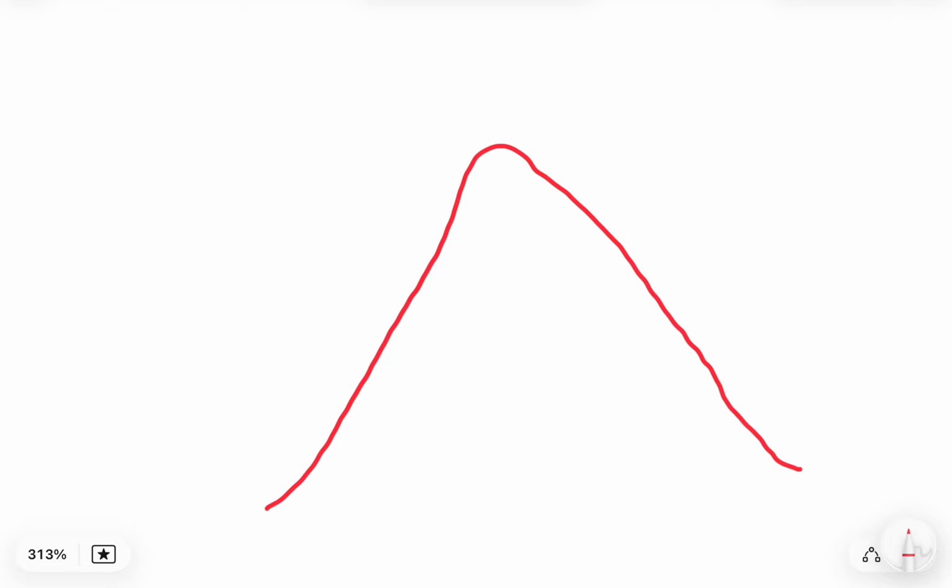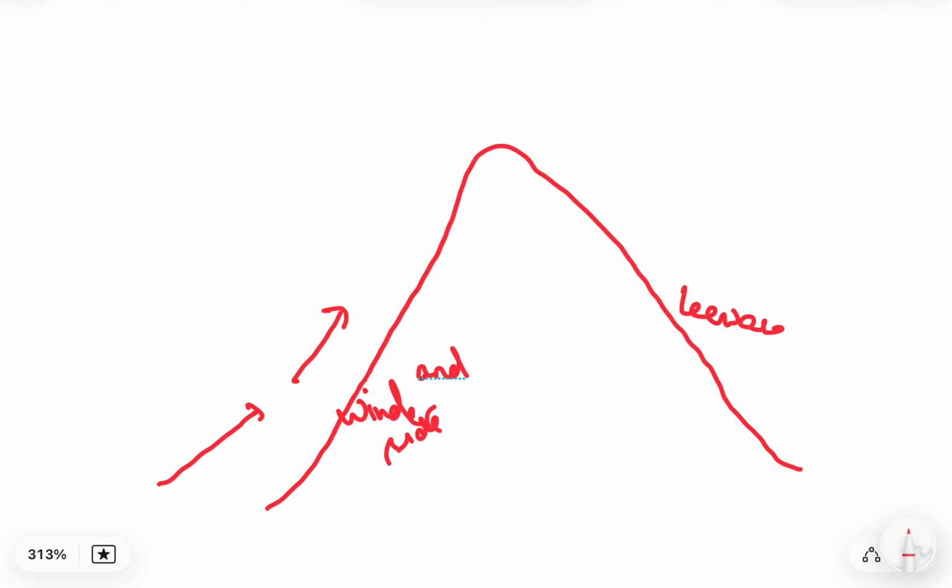Now let us consider, this is a mountain. Wind is blowing from this direction. So this is the windward side, and this will be the leeward side.